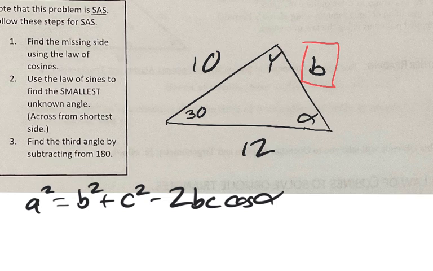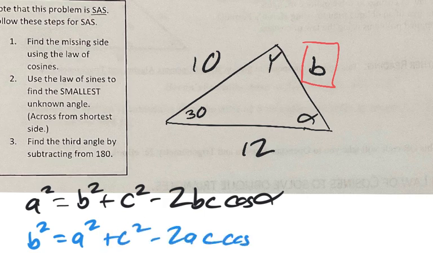So technically, with this problem, because I know angle beta, I'm looking for b squared. So it would be b squared equals a squared plus c squared minus 2ac cosine beta.